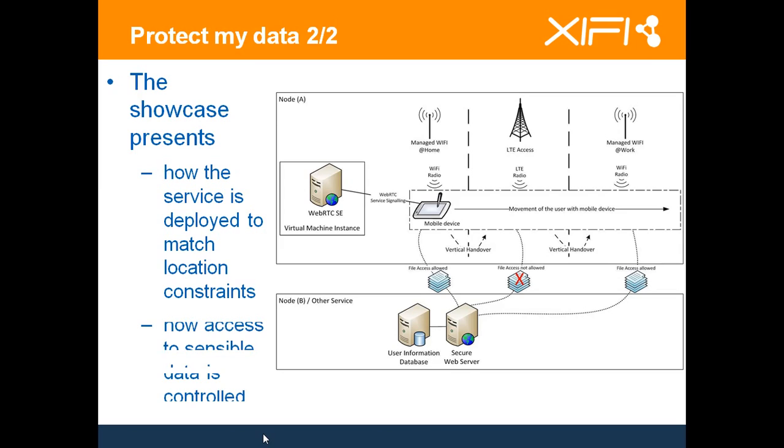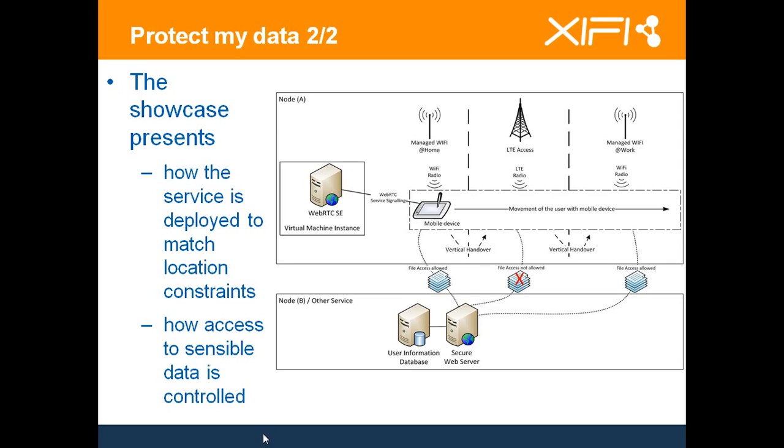And the second aspect is how access to sensitive data is controlled, and particularly how the possibility to have a real-time session during network handover between Wi-Fi and LTE network is coupled with preserving the privacy of sensitive data.